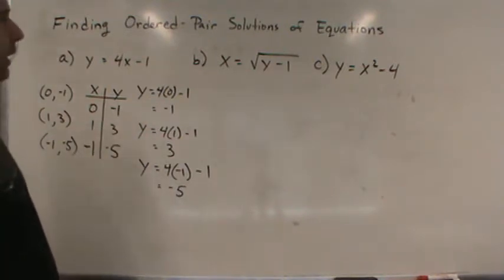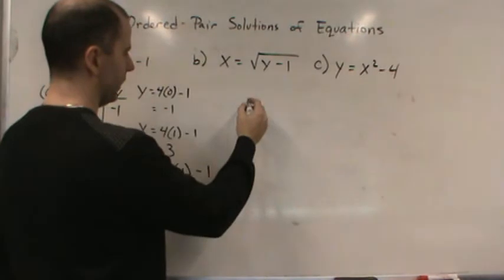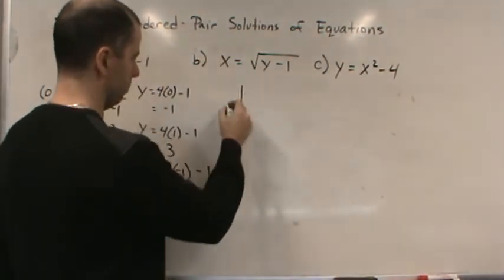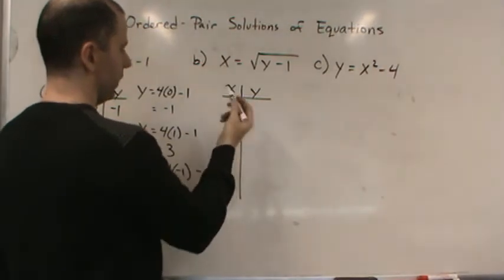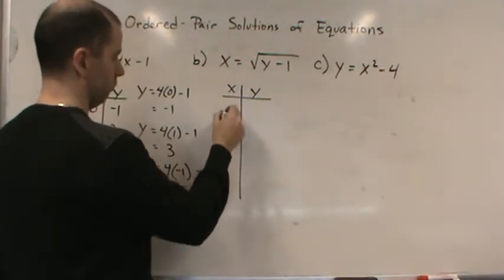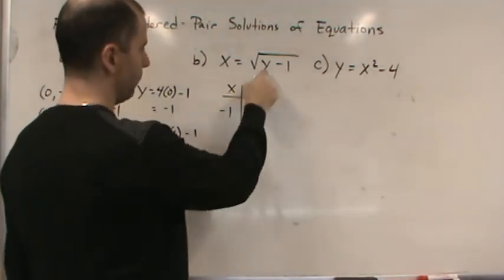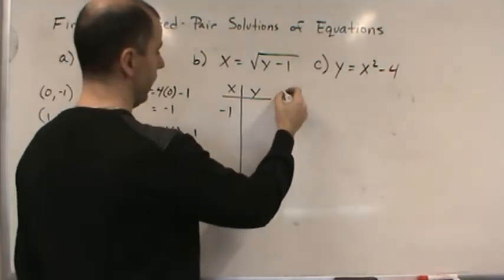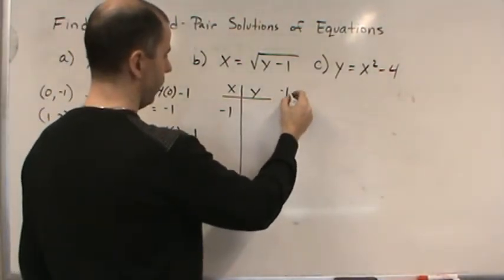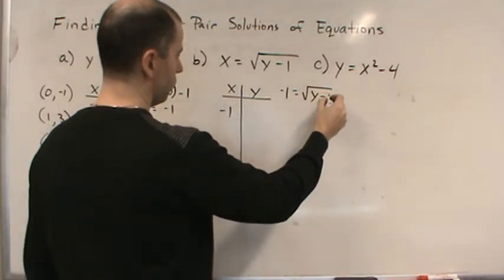So again, we can plug in values for x. Okay? If we plug in a value for x, again, let's do our table. And let's plug in negative 1. Okay? Now, what would we have to do to both sides here? We'd have to square both sides to get rid of the radical, right? So let's do that. So we're going to get negative 1 equals the square root of y minus 1.